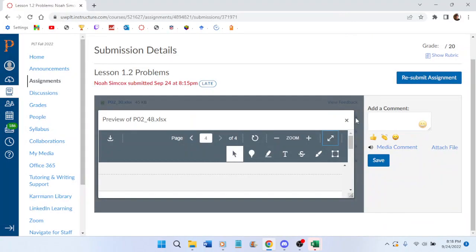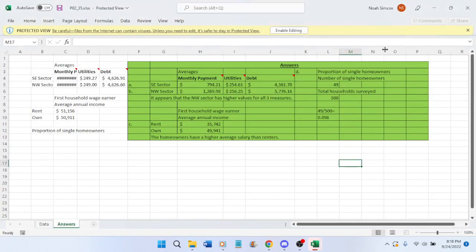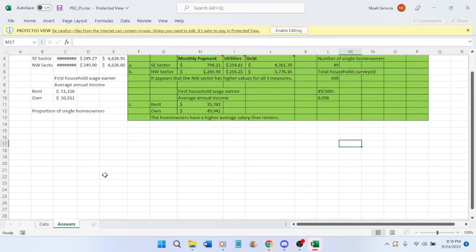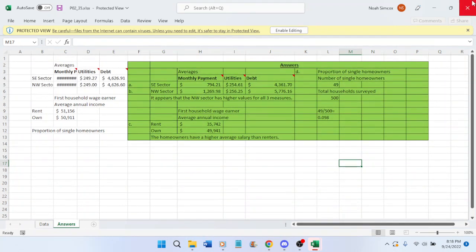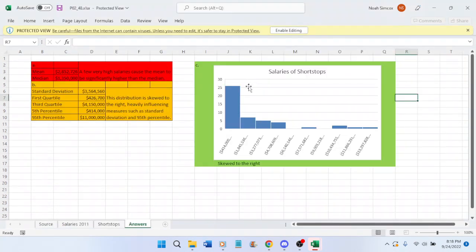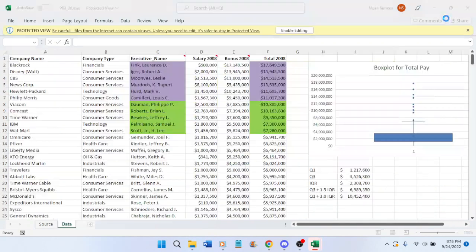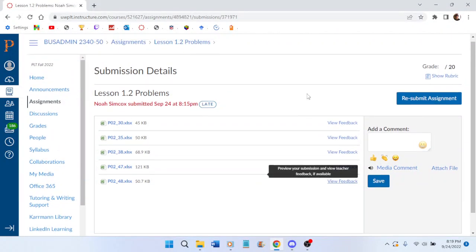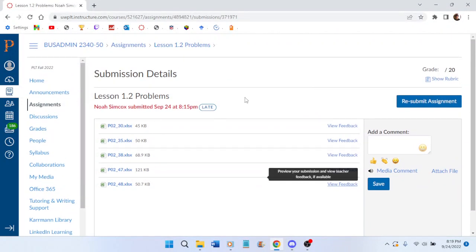Of course, the previews of the graphs that I made don't work. Good job, buddy. Great. Submitted this like 5 days late.